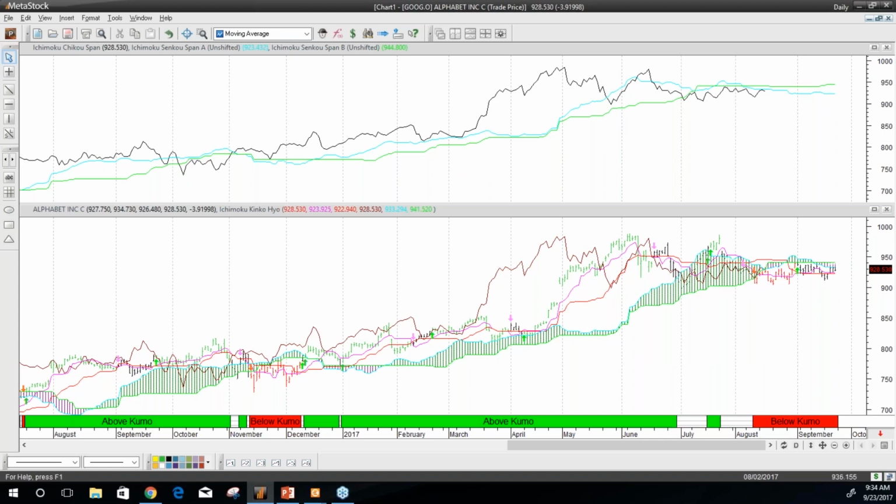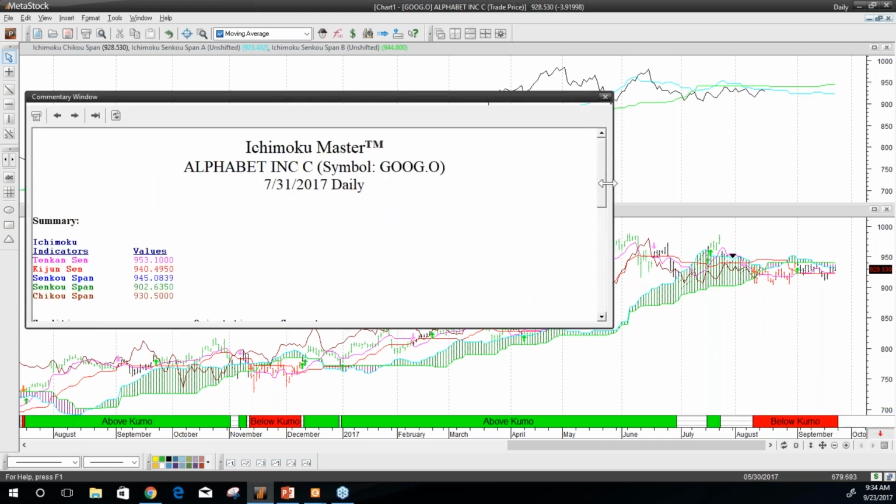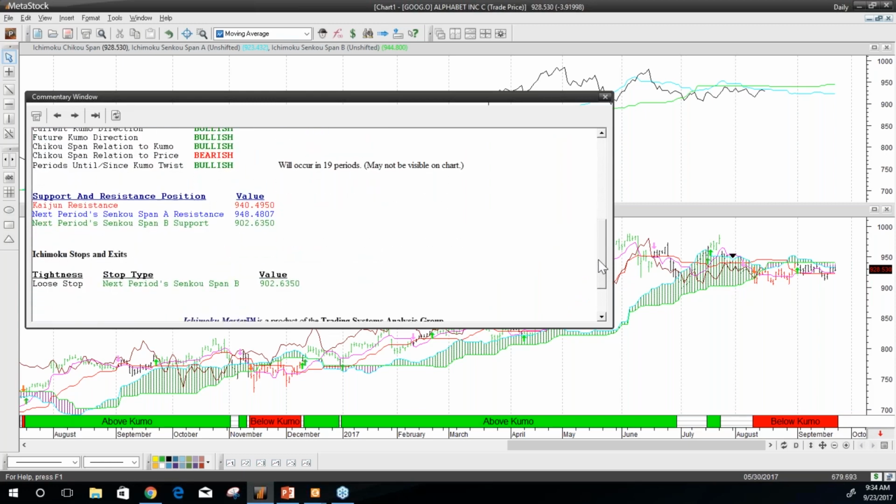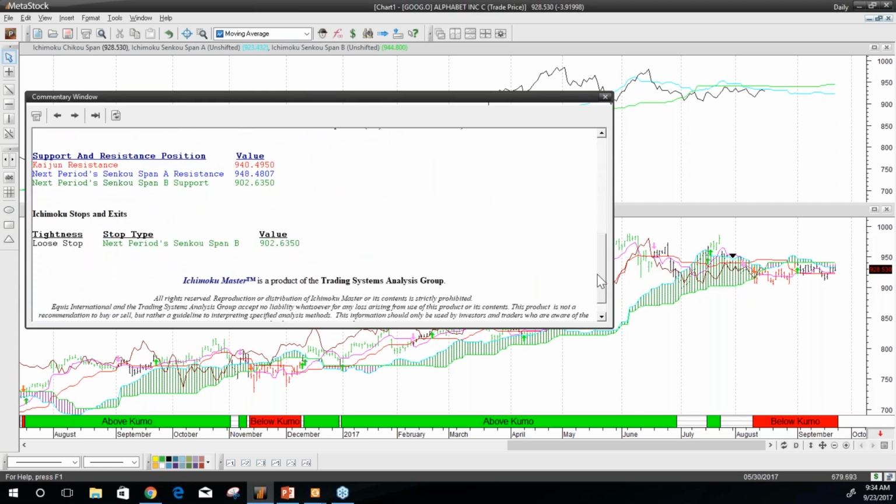But if you're really close to the Kumo down here, and it's giving you a signal, the reality is that the Kijun-sen is probably going to be too close to be of any use, and you would want to be using the Kumo values. So in the case of Ichimoku Master, it doesn't tell you when you should actually be getting out, but it does give you the positions to look at, whether you're looking for something very tight or very, very far.